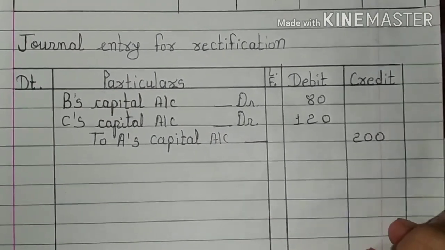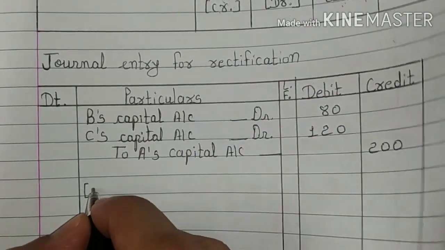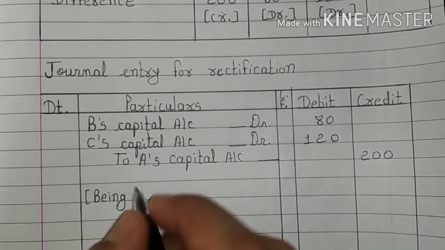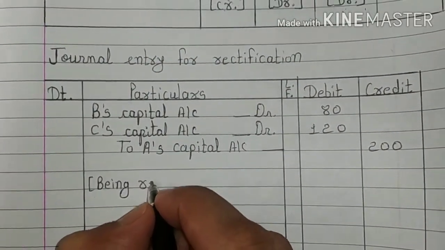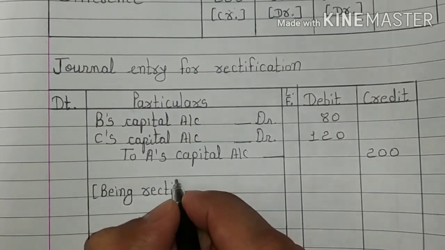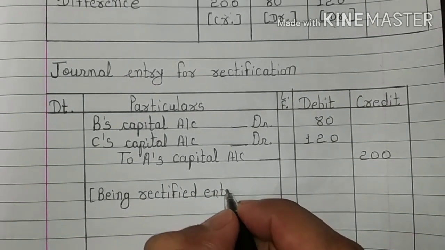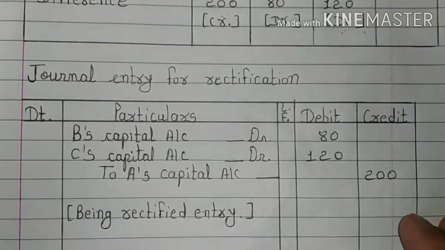Okay students, and being, you can simply write being rectified entry.